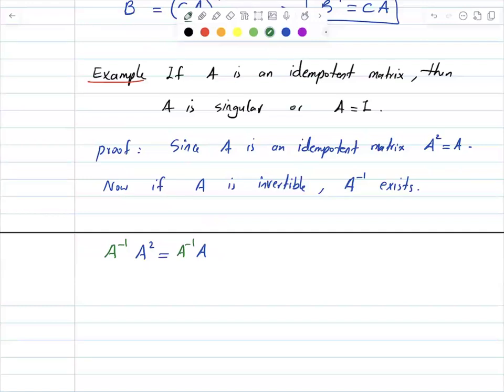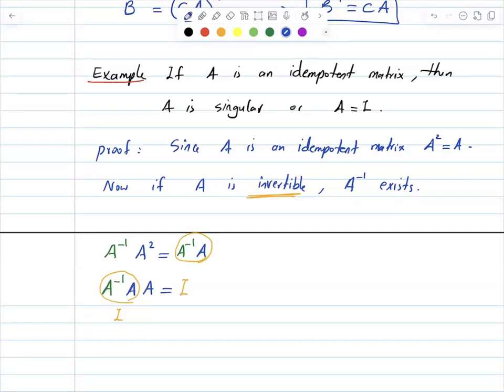See what happens here. Take a look. I have inverse of A multiplied by A times A, which is A times A. And on the other side, I get the identity matrix. So assuming that A is invertible, the inverse exists. Now I have the inverse of A multiplied by A, which is again the identity matrix.